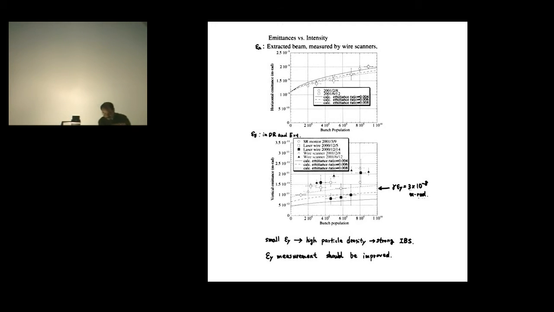Okay. The effect of intra-beam scattering can also be shown as energy spread as a function of the bunch population, like this, even clearer. Because we have high particle density, meaning small emittance, and relatively low energy, the intrabeam scattering is very strong.